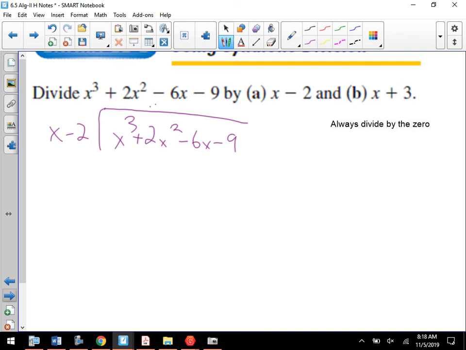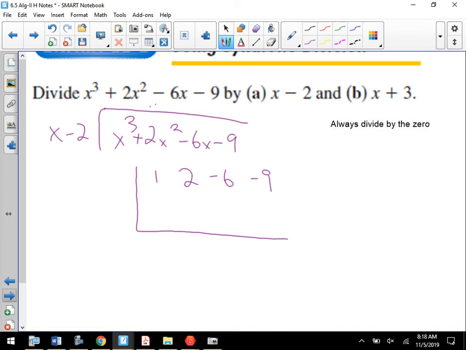Now, here's the idea. If I'm going to use synthetic here, we still follow the same rules as we did yesterday. We take our coefficients. 3rd degree has 4 terms. It's got them all. 1, 2, negative 6, and negative 9. If I am using synthetic, when they give me a term, you always use its 0 on the outside.